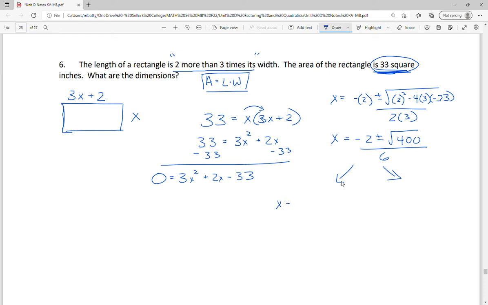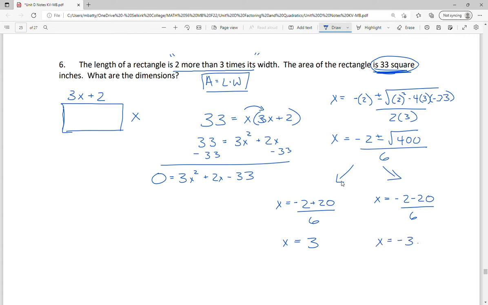I have my positive option, and I have my negative option. If I do the math on this, I get two options here. So I'd get 18 divided by 6, or x equaling 3, or negative 22 divided by 6, which is ugly.